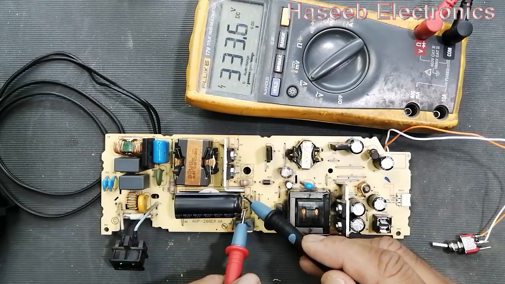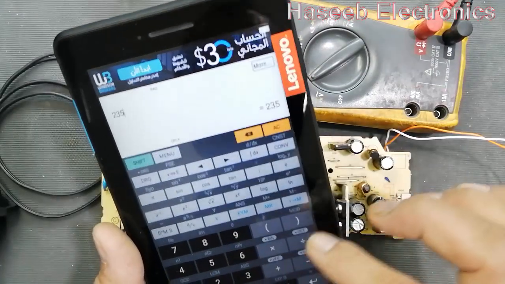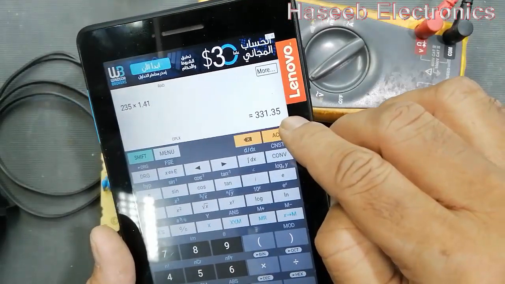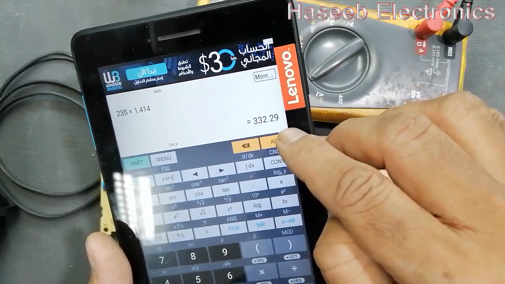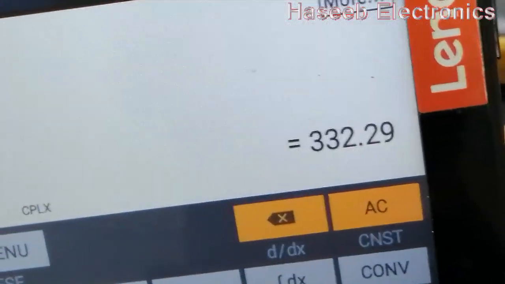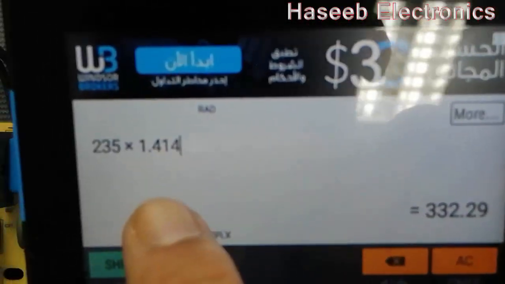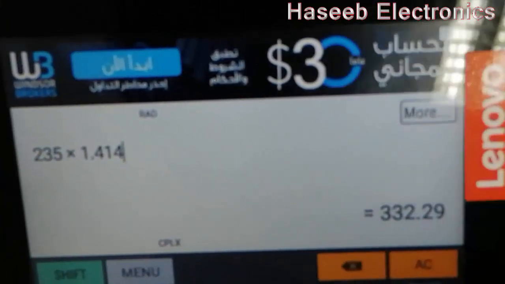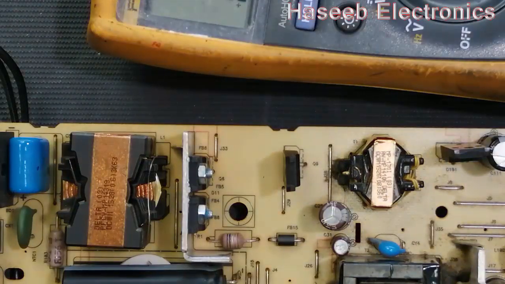It is 333 volts. 235 volts multiplied by 1.414 is 332.29. You can calculate by square root 2 or by 1.414. So it is okay now.